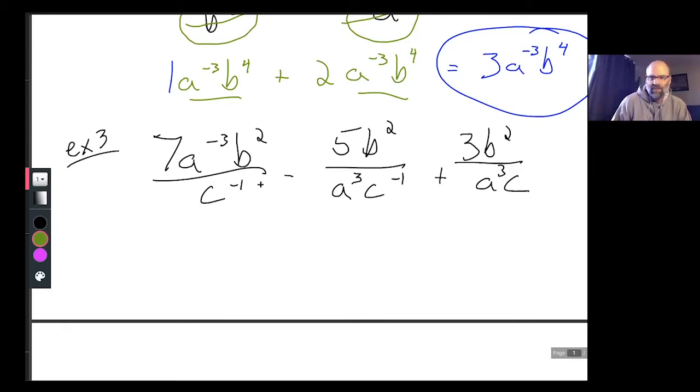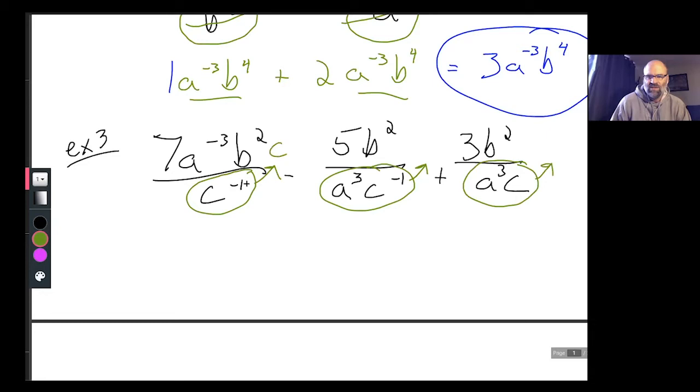Okay, I'm going to start. So I'm going to move everything upstairs. Be really careful. There are so many times I see people move stuff upstairs and then they forget to change the sign of the exponent. So don't forget that. This is a to the negative third, c to the positive 1.